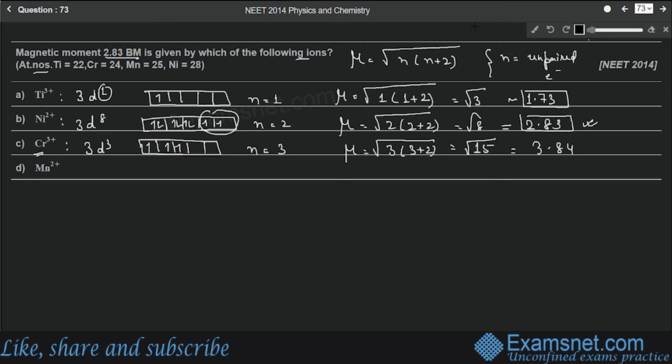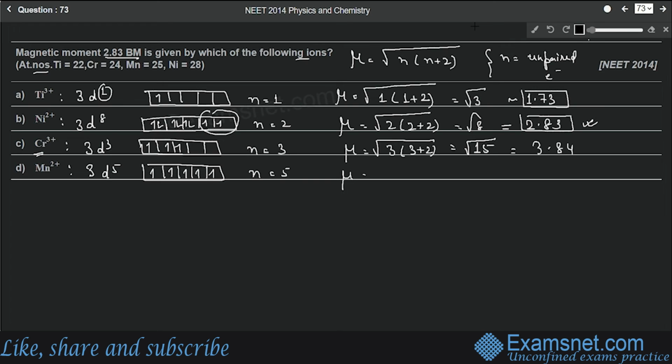Okay. And the last one is Mn2 plus ion. What is the electronic configuration of Mn2 plus ion? It is 3d5. So let's fill 5 electrons in 3d orbitals. 1, 2, 3, 4, 5. Okay. So all the 5 electrons are unpaired. So the value of n will be 5 here.